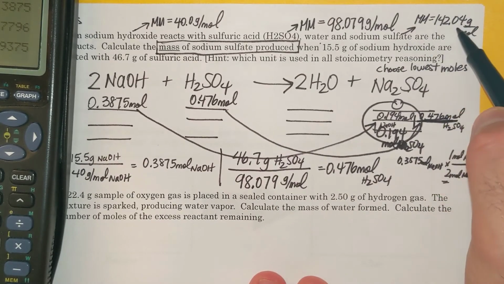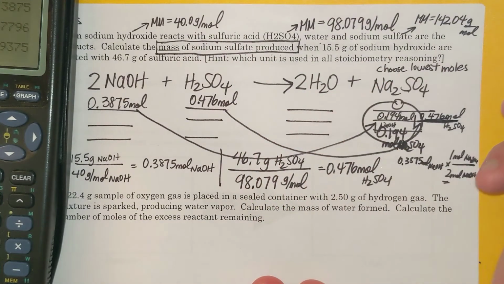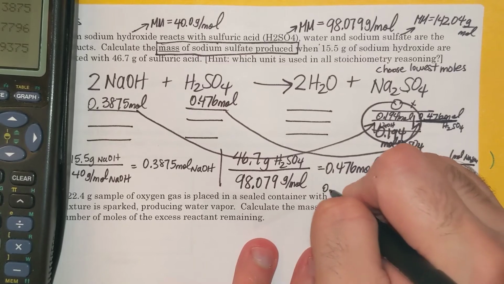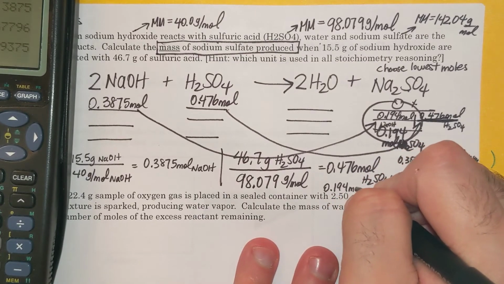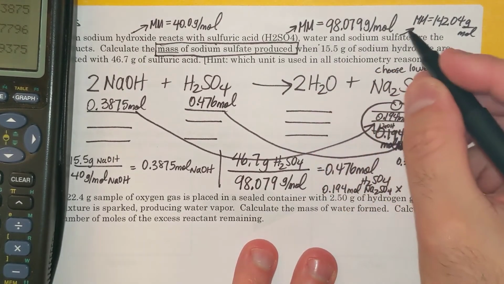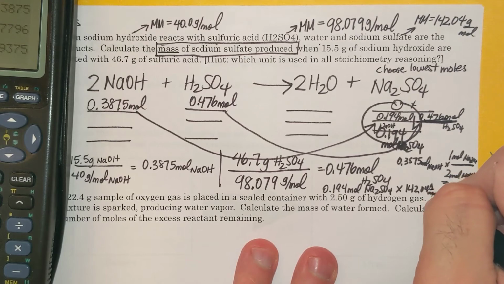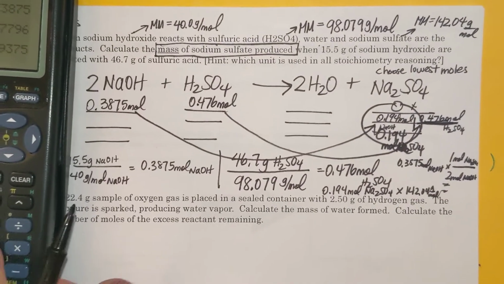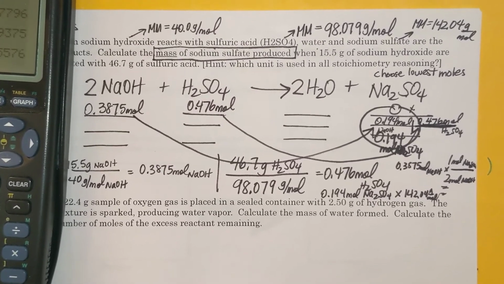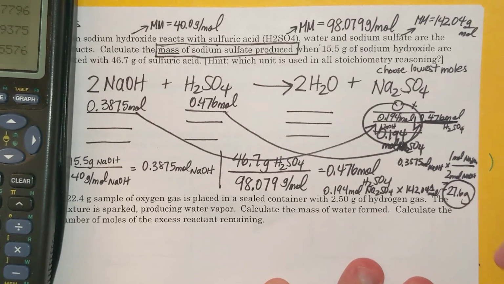Because of that, I already know, when I calculated the molar mass, that sodium sulfate's is 142.04. The question asks how many grams. So if I multiply 0.194 moles of Na2SO4, which I'm choosing because it's my lowest moles, by 142.04 grams per mole, 0.194 times 142.04, I get my answer of 27.6 grams.